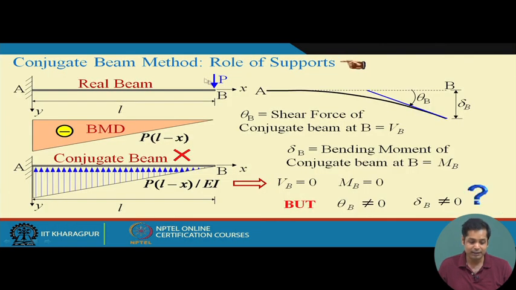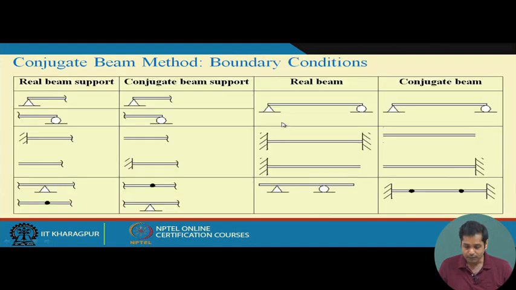But remember, in that example, what we did is, if this is fixed, we took it fixed there as well, and if this is free, we took it free. So, though the loading was according to the conjugate beam concept, the support condition was not. That's why the result did not come. So, if this is the real beam, then this is the conjugate beam.